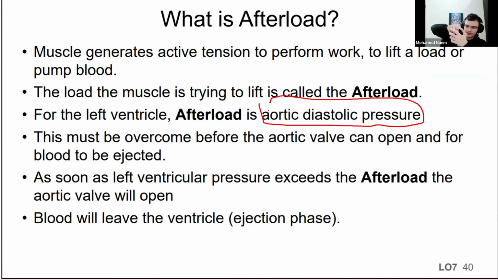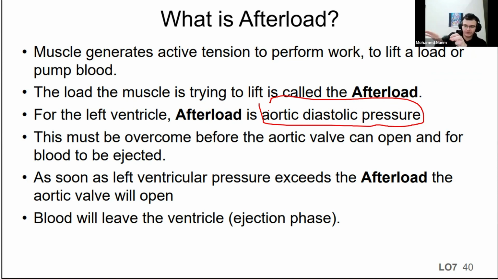When the pressure inside the ventricle is higher than the pressure inside the aorta, the blood moves from the ventricle to the aorta. So what is the afterload? Basically the pressure inside the aorta. That is what you're trying to go higher than. The whole point of the contraction is to pass this number, to make the pressure inside the ventricle higher than the pressure inside the aorta.